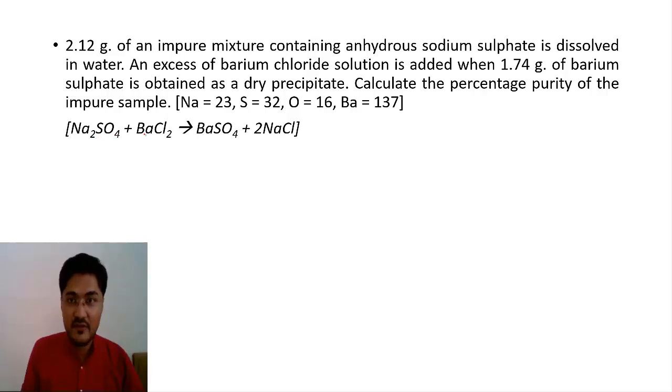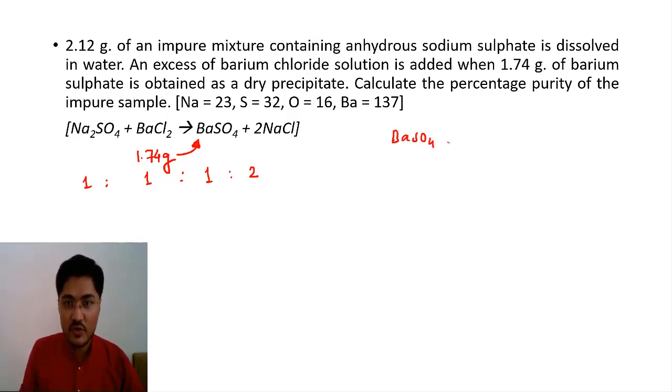So we are given that 1.74 barium sulphate is obtained. Now as per the balanced chemical equation, we have 1:1:1:2 as per the Gay-Lussac's law. Now BaSO4 has the molar mass equals 137 plus 32 plus 4 into 16, that comes out to 233 grams.